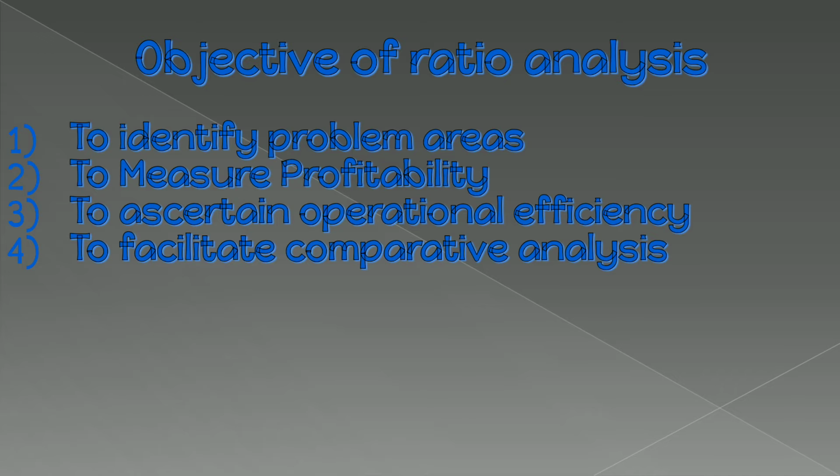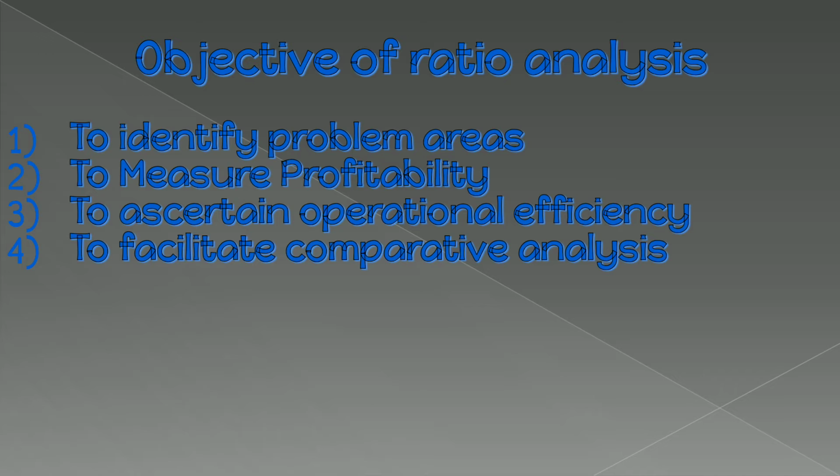Next is to facilitate comparative analysis. By ratio we can compare. I told you, suppose there is a firm A and another firm B. A is earning a profit of 2 lakh, and B is earning a profit of 3 lakh. If we see this profit amount only, obviously we will say B is the good firm, B is doing better as they are earning more profit.